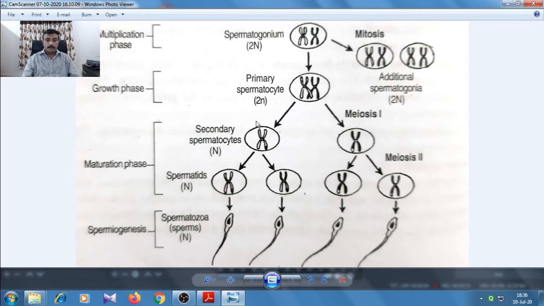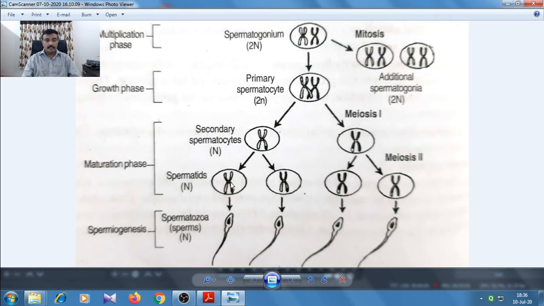This secondary spermatocyte again undergoes meiosis 2. It is just a mitotic division. There is no reduction in the number of chromosomes. And as a result of this second meiotic division, what is formed? 4 spermatids are formed. And those 4 spermatids are also n in number.